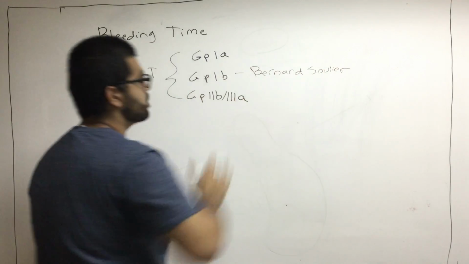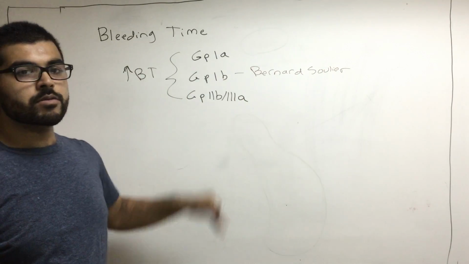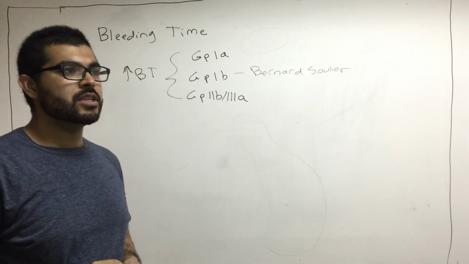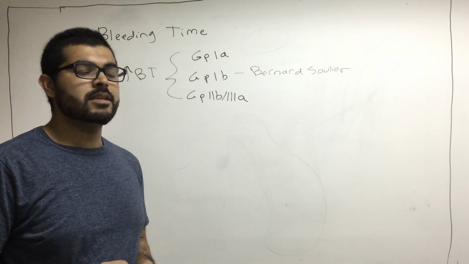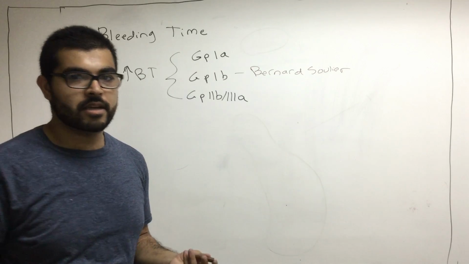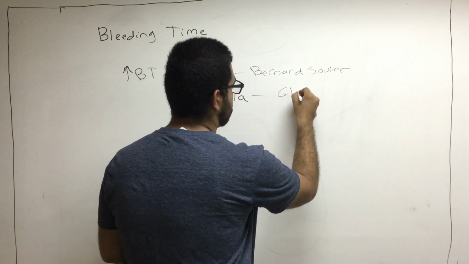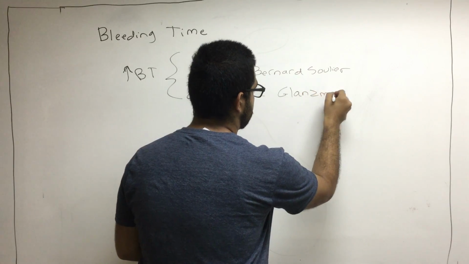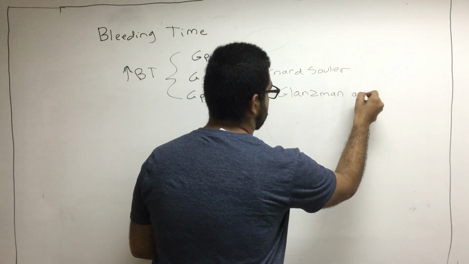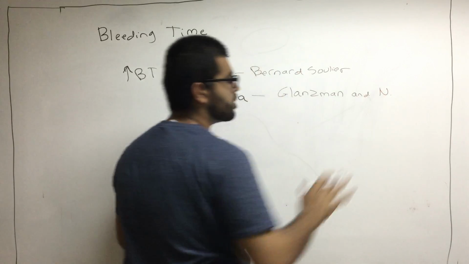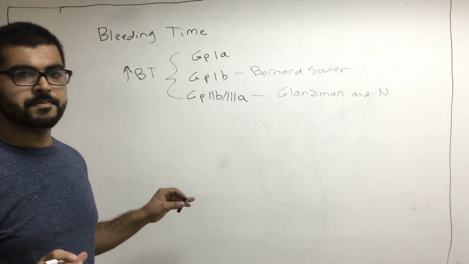GP2B3A is going to be a huge name, thrombocytopenia of Glanzmann and Naegeli. So just for short, Glanzmann and Naegeli. Simple as that.